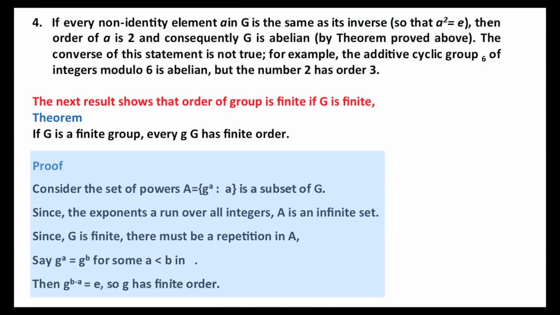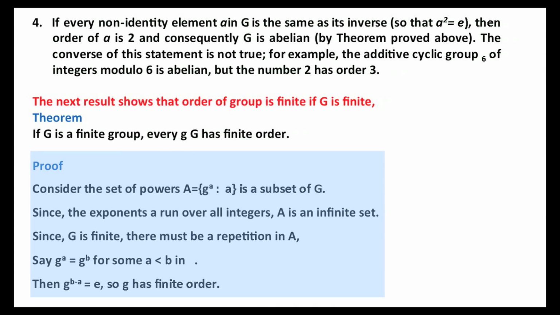The next result shows that the order of an element is finite if G is finite. Theorem: if G is a finite group, every g belonging to G has finite order.